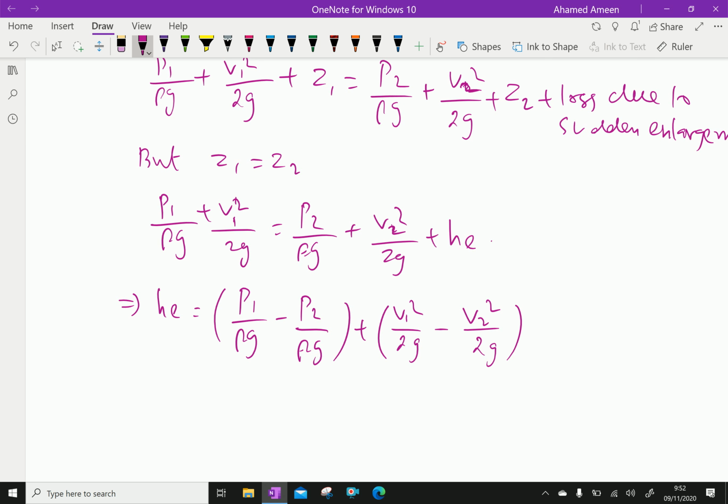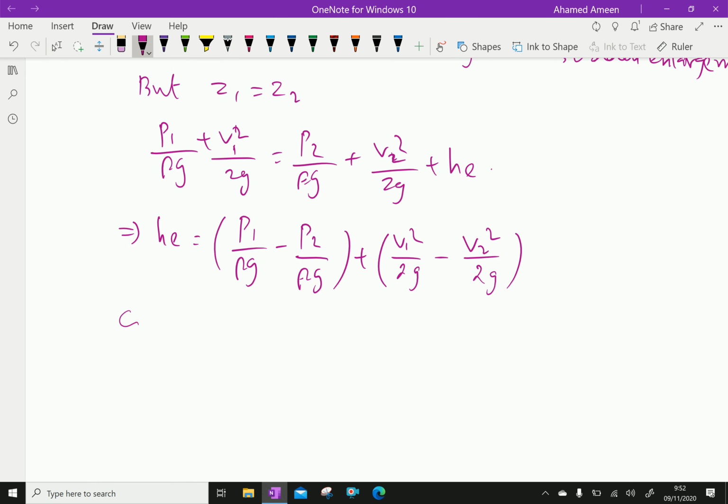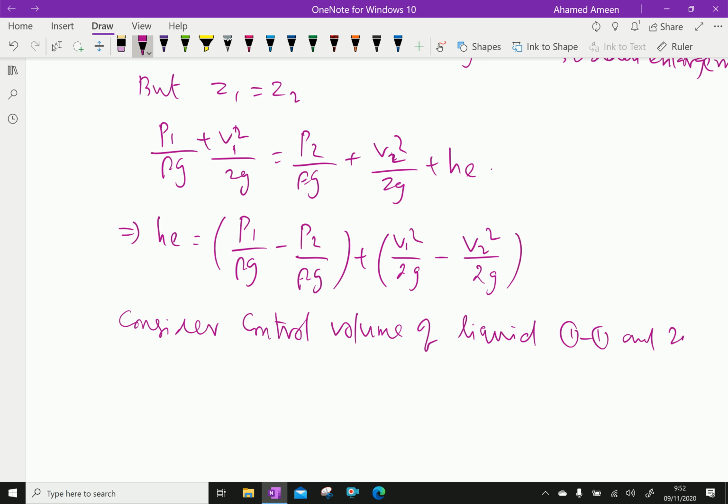Consider the control volume of liquid in section 1 and 2.